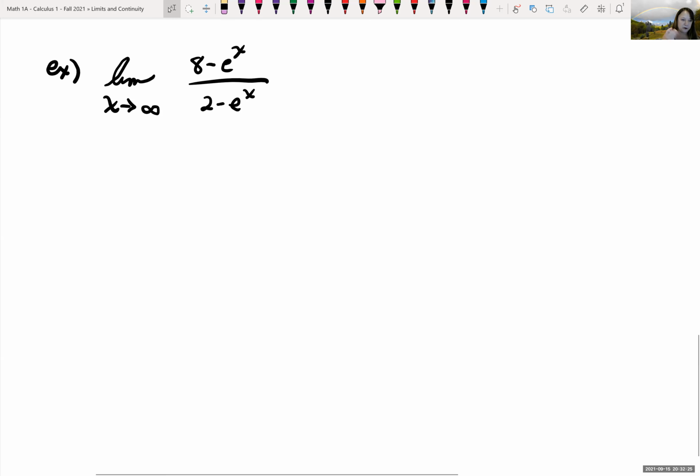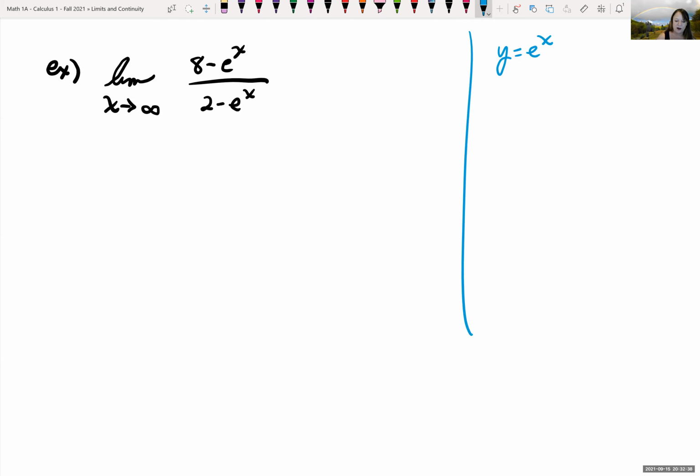And so first, let's think about the graph of e to the x. Let's think back to algebra and graphing y equals e to the x. We'll recall e is just a number, 2.718, but it's irrational, so it goes on forever.